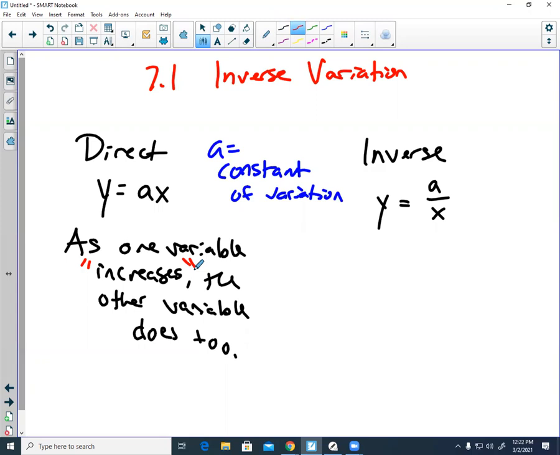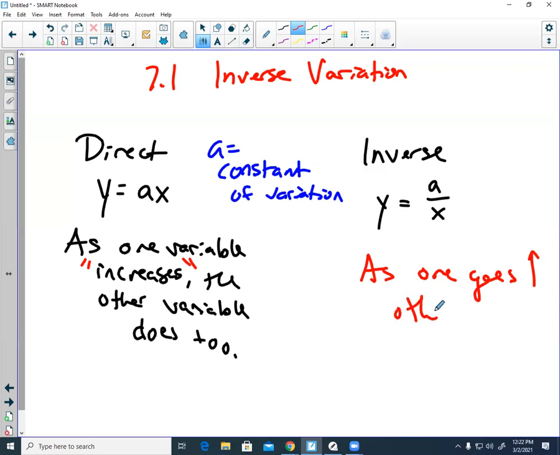All right. So as one variable goes up, the other one will also go up. As one variable goes down, the other one also goes down. Now you should probably be able to figure out what happens with inverse. Inverse means as one goes up, the other one goes down, or as one goes down, the other one goes up. So they're not doing the same thing.